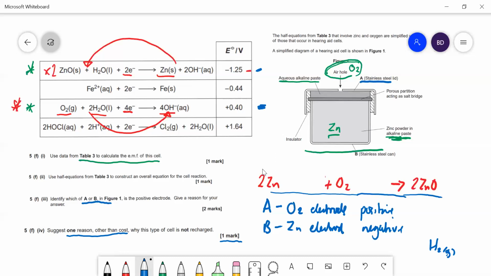So you can't reverse the current and make that hydrogen react backwards because it's gone, it's disappeared. So that's one kind of obvious reason why some cells are not rechargeable. But this one, as I say, the mark scheme just says because you can't reverse the reaction. It doesn't really explain why. Okay.